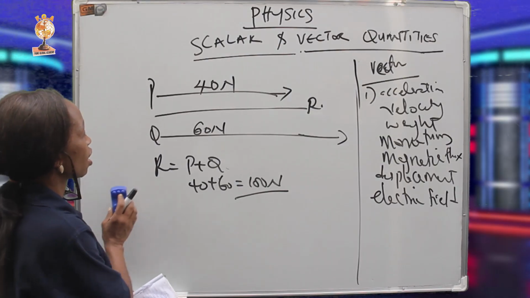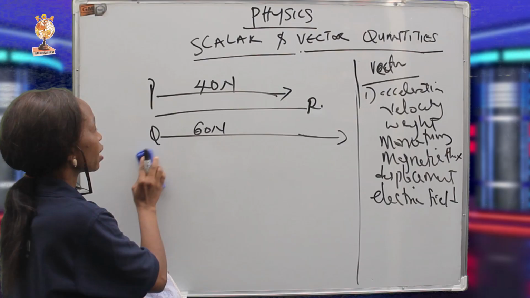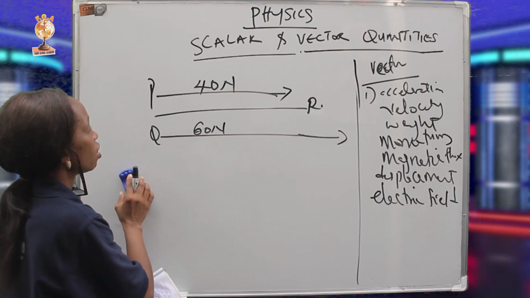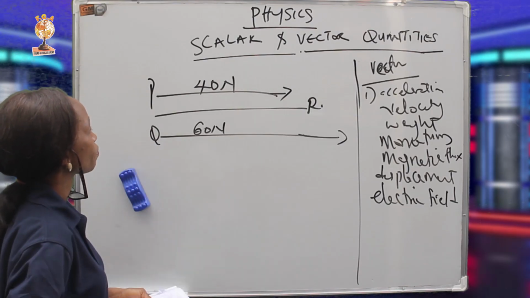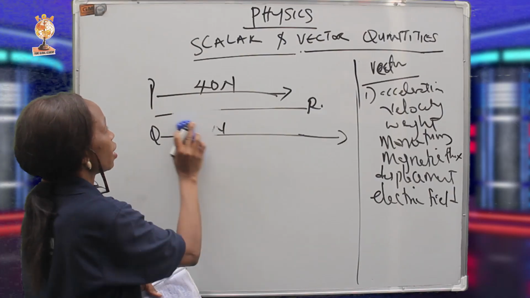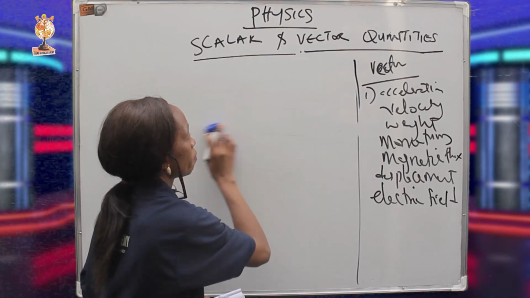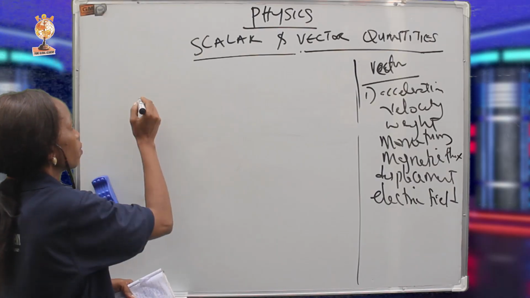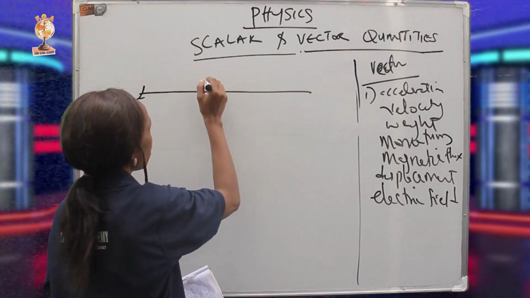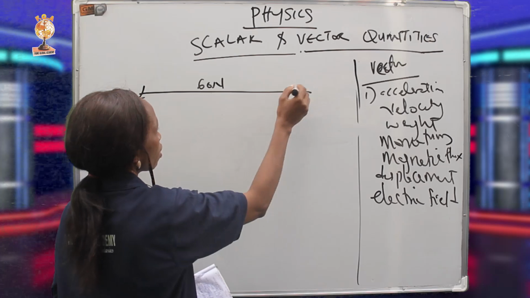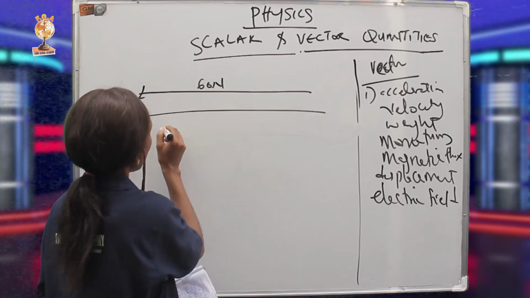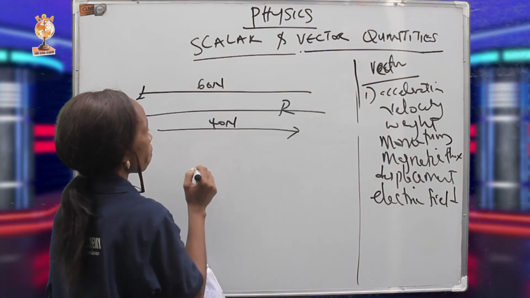Okay, for instance, we have the same quantity. Let's draw the diagram. We have 60 Newton, and then we have 40 Newton.